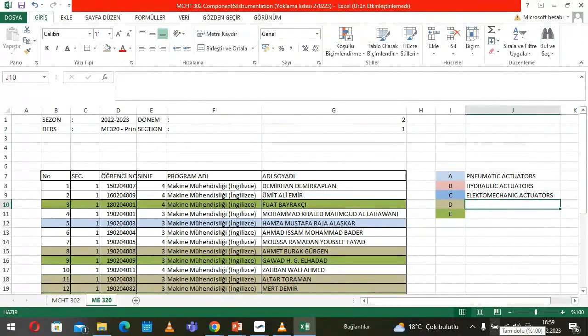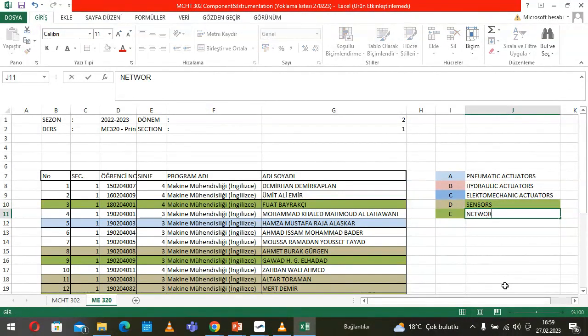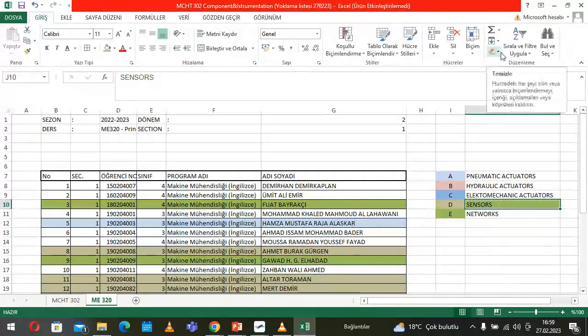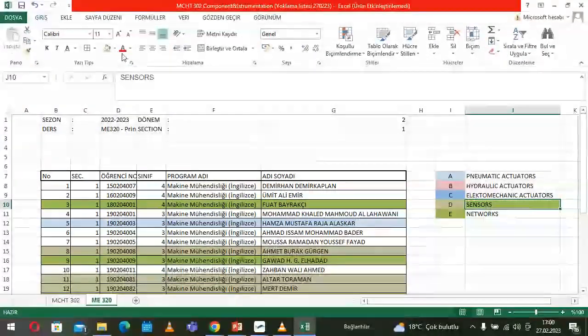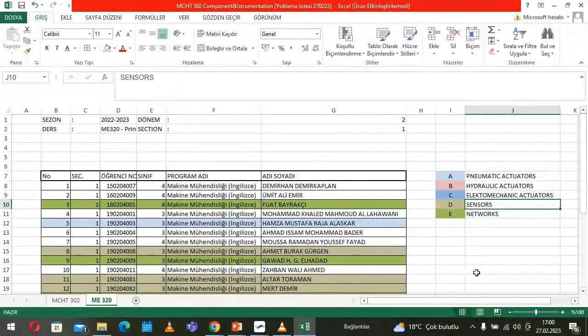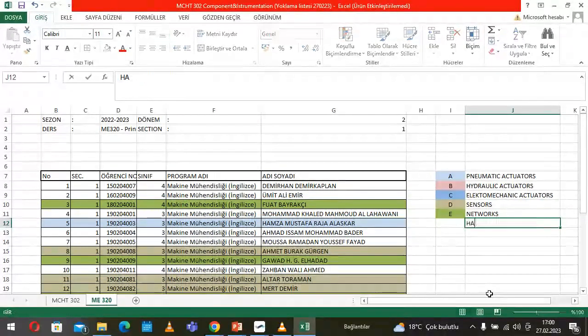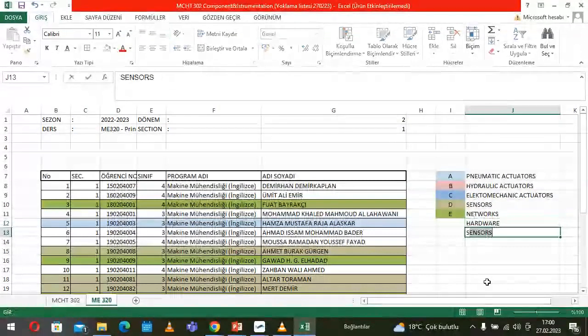Actuators, and then sensors, okay. Network, and then the rest. Sensors, and here networks, hardware, and software.